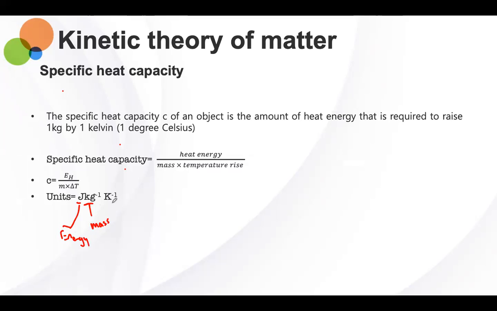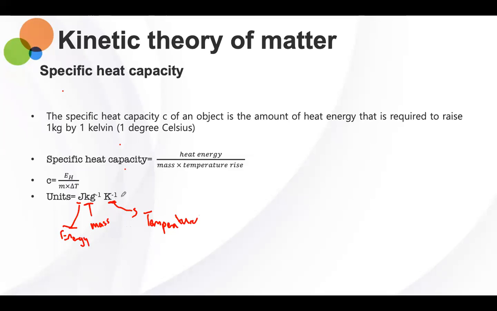And our K here is for what again? Kelvin, temperature. Kelvin inverse. So temperature, this is for mass, and this is for energy. All right. Are we all seeing that? Yes, sir.